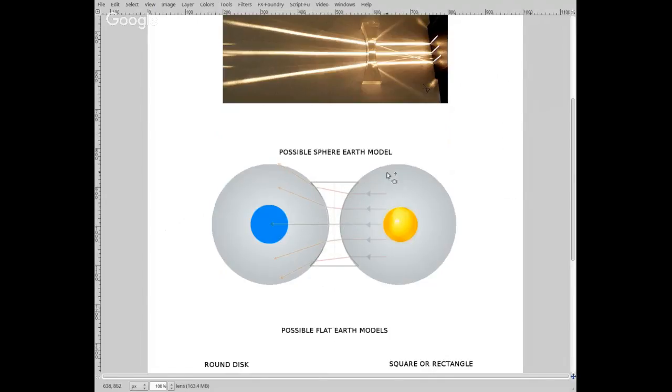You can get that by each body, the Earth over here, the sun over here, having something like a bubble around it. And I don't mean a literal bubble. I mean something bubble-shaped that has lensing properties. That is to say, a difference in density from things outside of it.